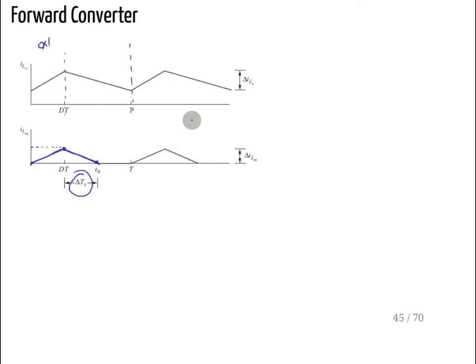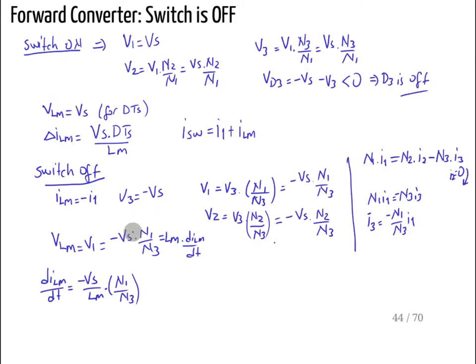Okay, so if I can calculate the rate of change of that, and I also know the maximum value, I can calculate what should be the relation between these two. So let me write that.